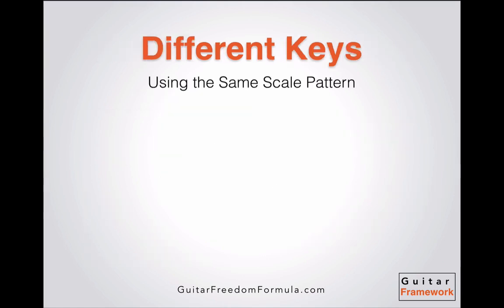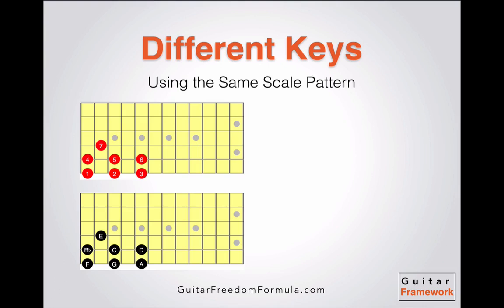So let's talk about different keys using the same scale pattern, which will be major scale pattern 1. Now again, this might look a little confusing at first, but it's really, really simple. Let me point it out. If you notice, this is the beginning of major scale pattern number 1. It's the first 7 notes in major scale pattern number 1, or in other words, the first octave.